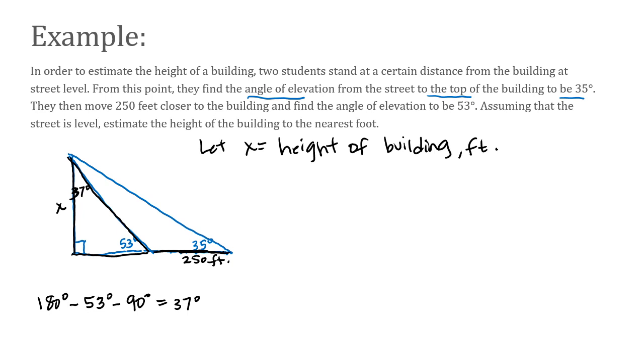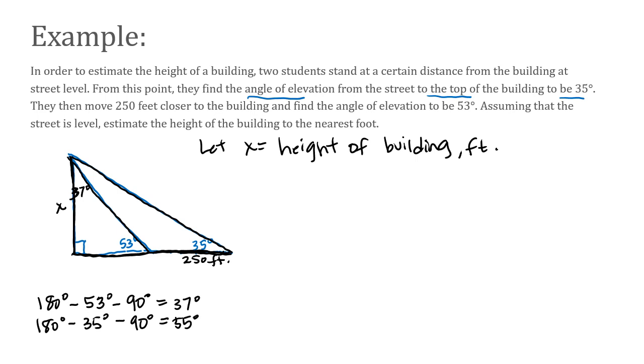What else do I know? Well, there is a larger right triangle, right? This whole big right triangle. And that one has 180 degrees minus 35 degrees minus 90 degrees. And that gets me 55 degrees.